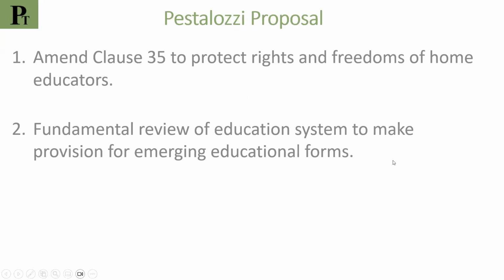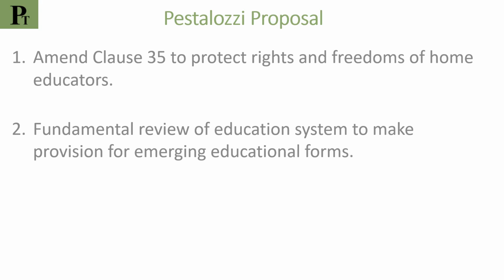So the Pestalozzi Trust has developed a proposal to address these issues. Now, in the CR, we read that the DBE, the Department of Basic Education, expects that home educators will not accept the BELA Bill, and that there will be lots of disputes. And in the CR, the DBE in effect says they plan to resolve these disputes by means of mediation and litigation.